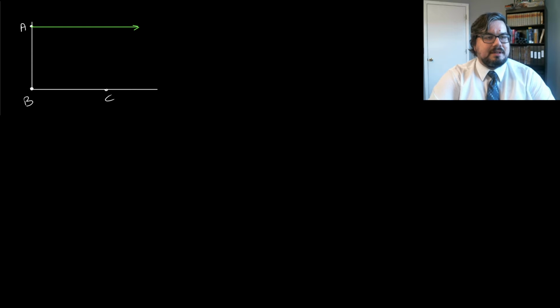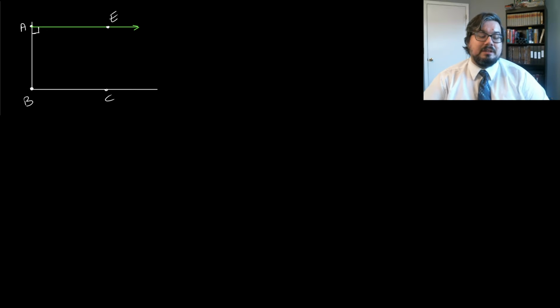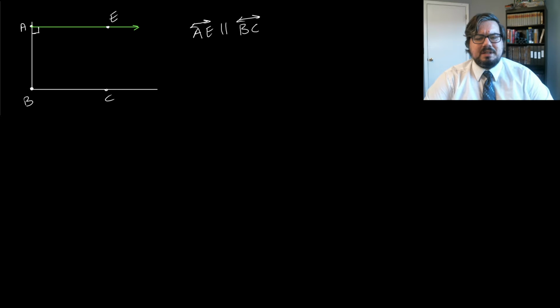All right, so now if we have the following setup, if we take our right angle ABC, and then we take the ray AE in such a way that the line AE is actually perpendicular to the line AB, then we certainly have that in this case the line AE is parallel to the line BC.